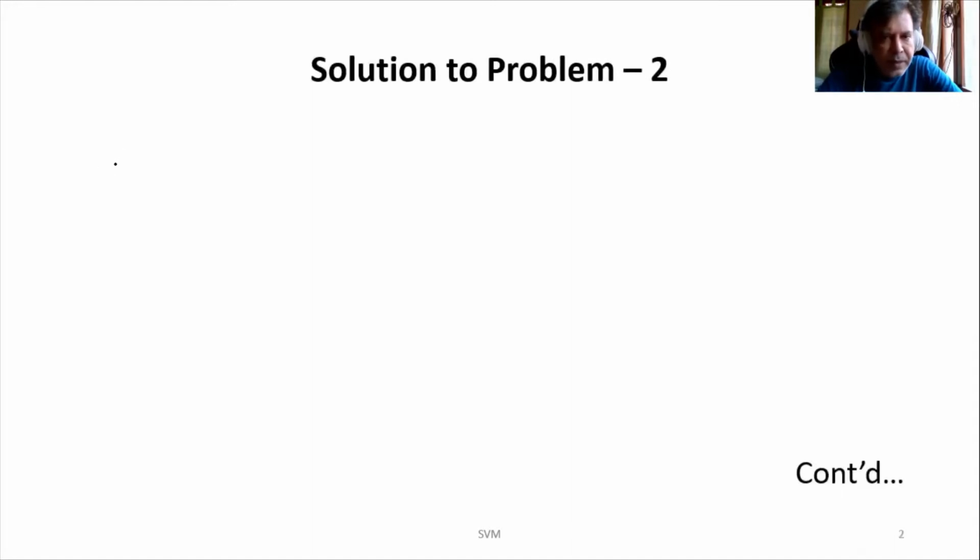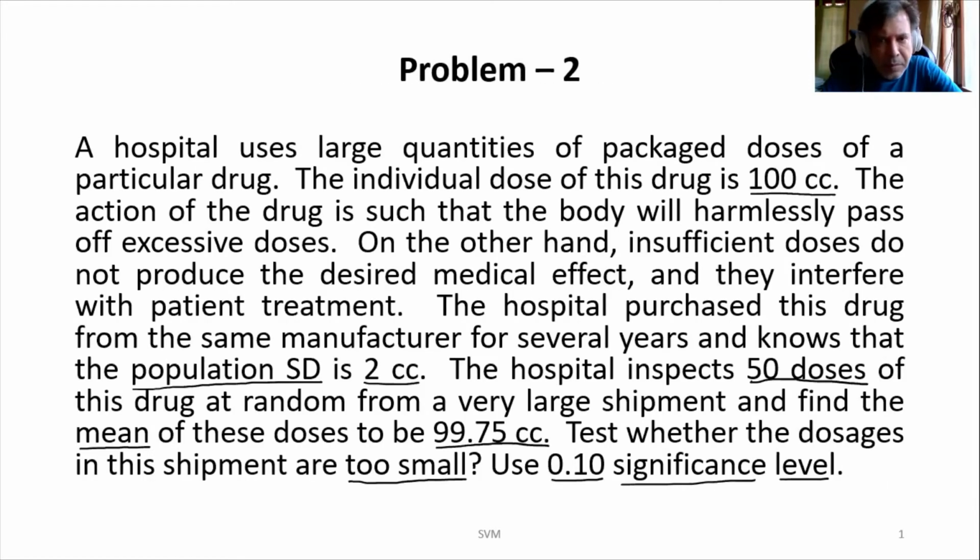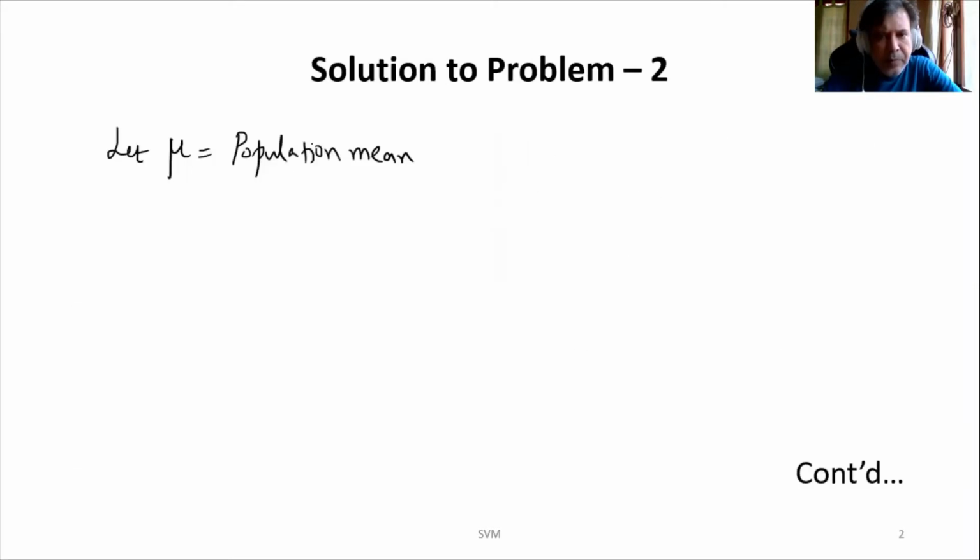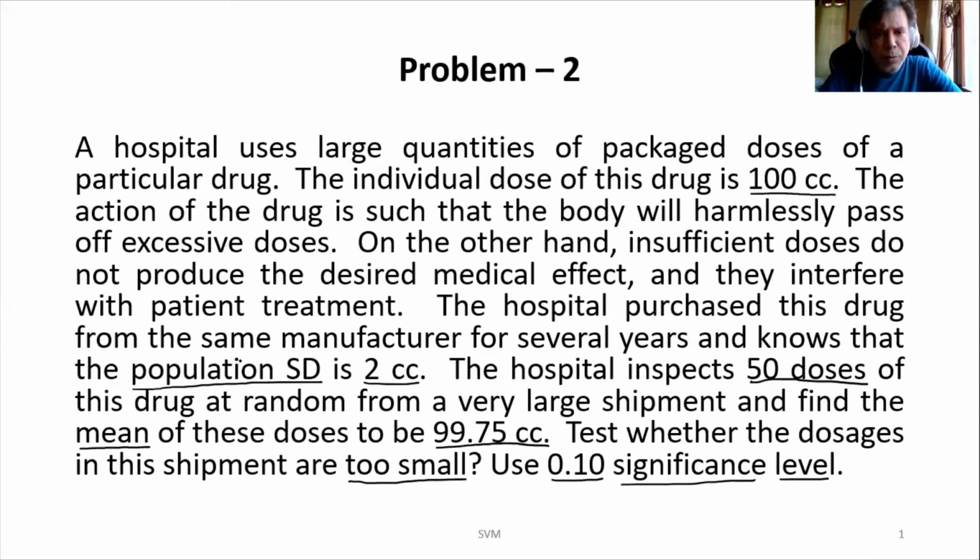So first we will say let mu be the population mean dosage in cc, that is known, or assumed, to be 100.